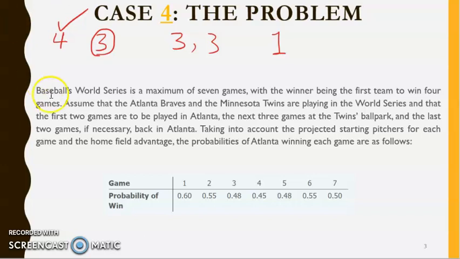So, baseball's World Series is a maximum of 7 games based on the logic that I just discussed, with the winner being the first team to win 4 games. Assume that the Atlanta Braves and the Minnesota Twins are playing in the World Series, and that the first 2 games are to be played in Atlanta.